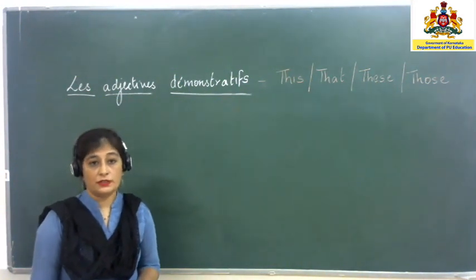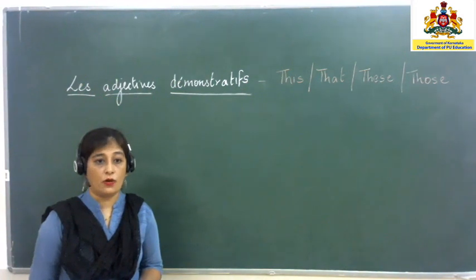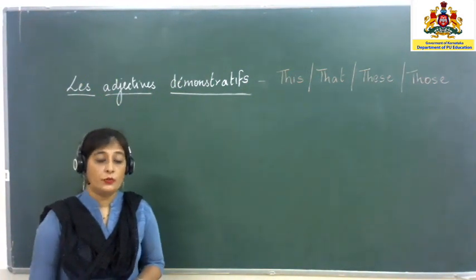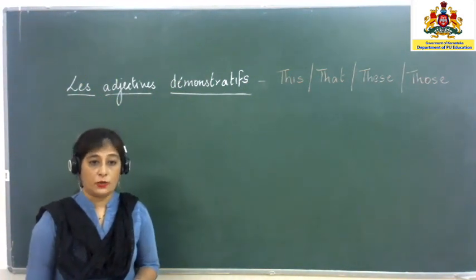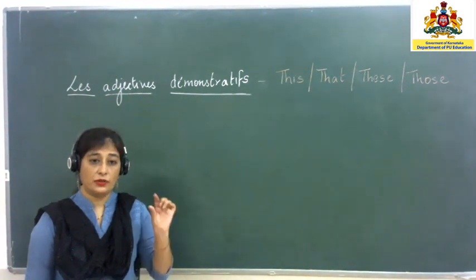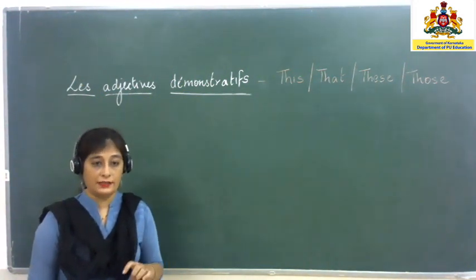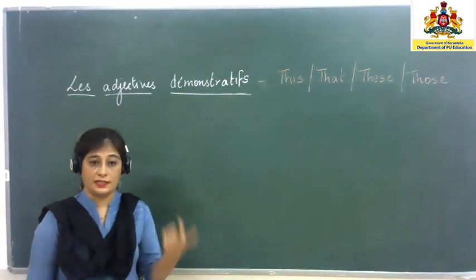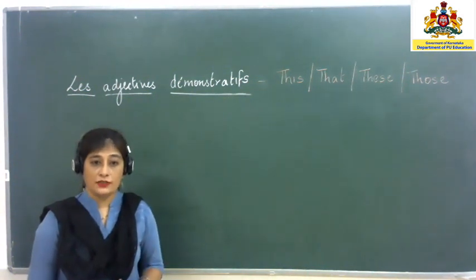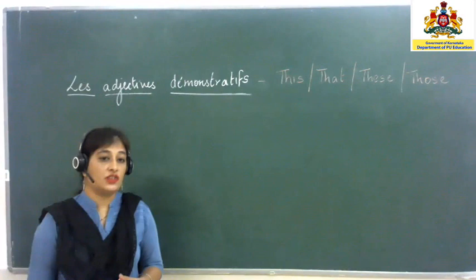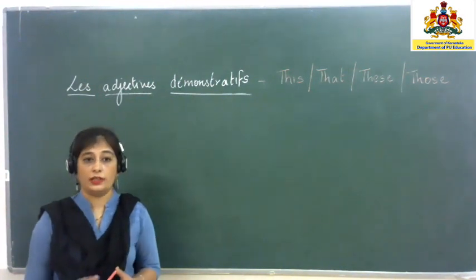Everything is either masculine or feminine, singular or plural. So we know that even these words are going to have a gender, but you are going to have the same word which can be translated as this or that, and the same word which can be translated as these or those. What matters to us in the French language is the gender of the noun we are talking about.